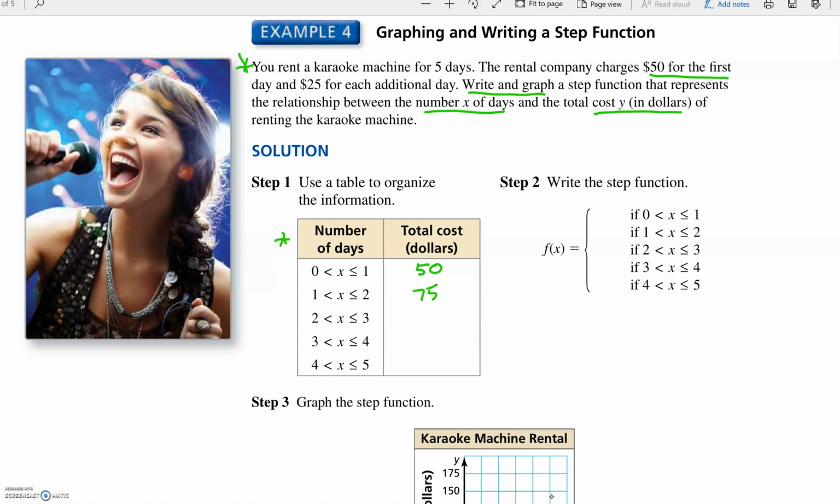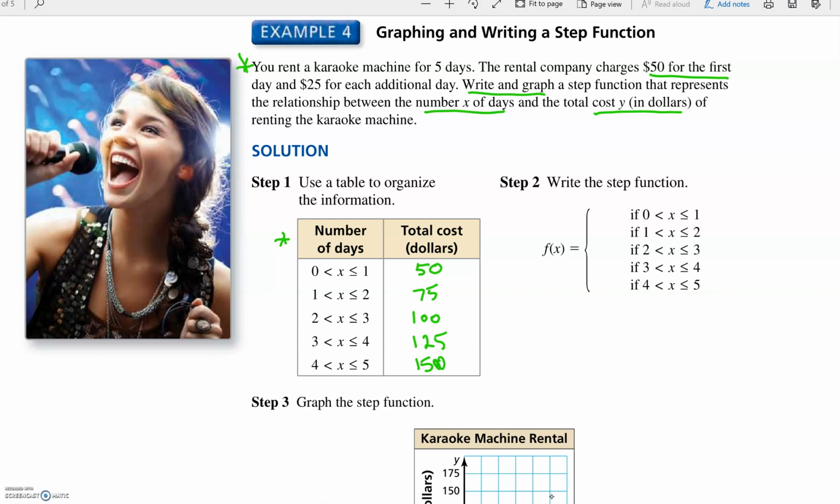From 2 to 3, it's going to be $100 because we're going to add $25 for that third day. For the fourth day, we add another $25. And then if we keep it anywhere from 4 to 5 days, we kept it 4 days and 1 hour, whatever, it's going to be $150. So that's our table of values.